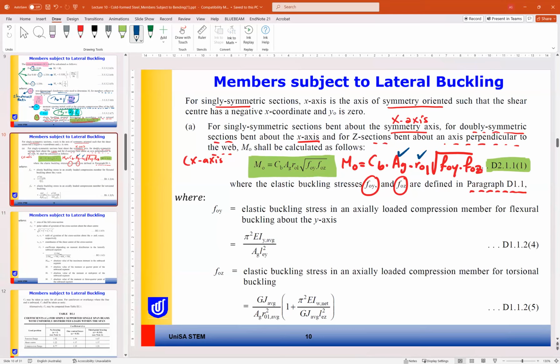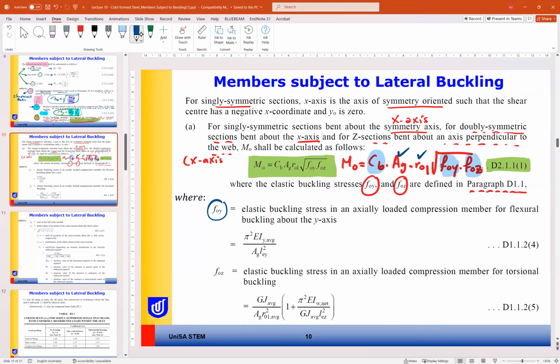So these two will be found using the capacity tables. They are already calculated in the capacity table, so no problem with that. So our main targets to complete this calculation: we need to know CB, FOY, and FOZ. So what is FOY and FOZ first?